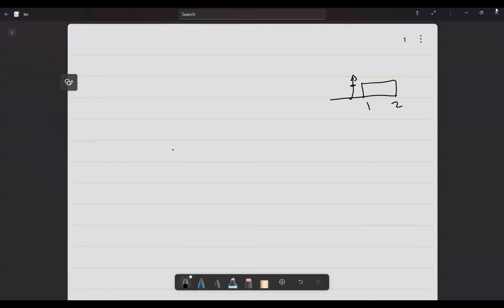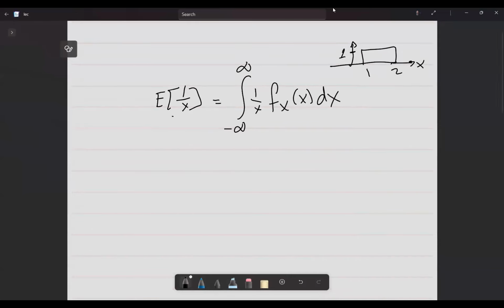We know that this expected value is the integration from minus infinity up to infinity of 1 over x times the distribution of x dx. The distribution of x is only from 1 up to 2; the other values are equal to 0. So it will be the integration from 1 to 2, and the value of the function within this range is 1, so it is 1 times 1 over x dx.